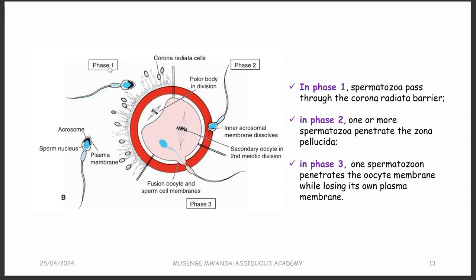You can see phase 1 is the penetration of the zona and the corona radiata barrier, and then phase 2 will be the entry through the zona pellucida. When the zona pellucida is penetrated, the spermatozoon, that is the sperm, will then merge with the oocyte.